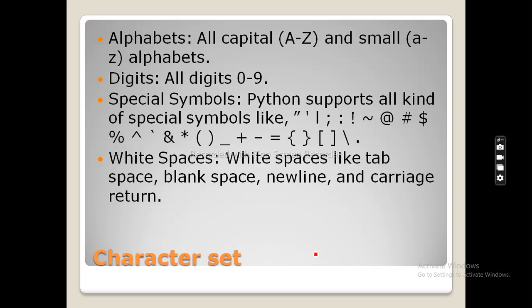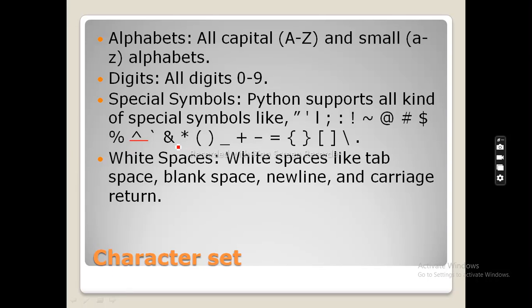So alphabets: all the capital letters from A to Z and small letters from a to z. Digits will be 0 to 9, our decimal number system. Special symbols: all the special characters, at the rate, hash, dollar, percent, and the exponent sign which we use in programming.